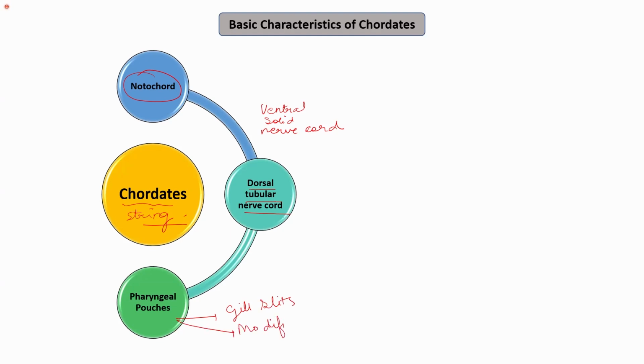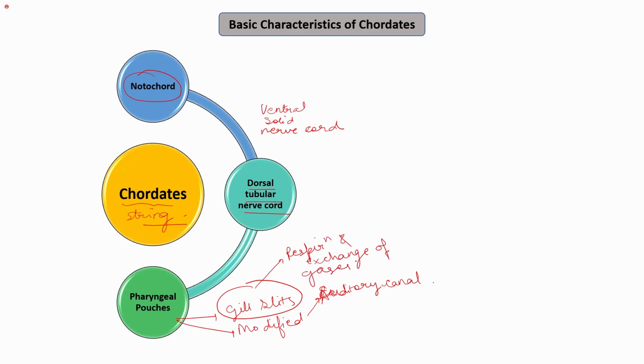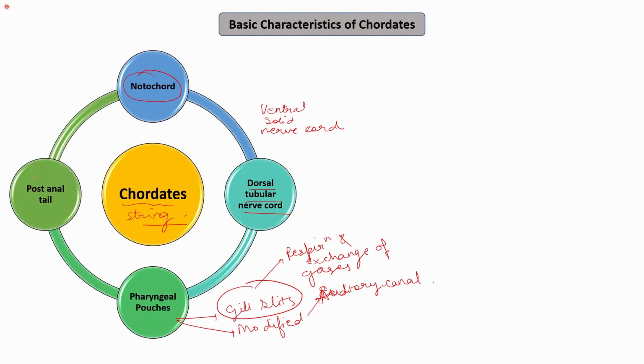For example, in humans they become part of the auditory canal, right? So pharyngeal pouches may be present in the form of pharyngeal gill slits, where they allow respiration and exchange of gases, or they may be modified. The next feature we discussed was the post-anal tail, which is present in the chordates.